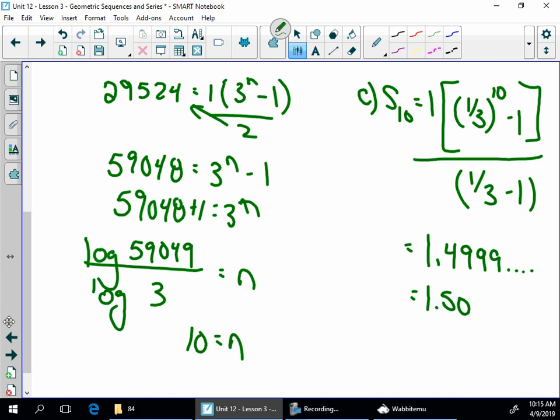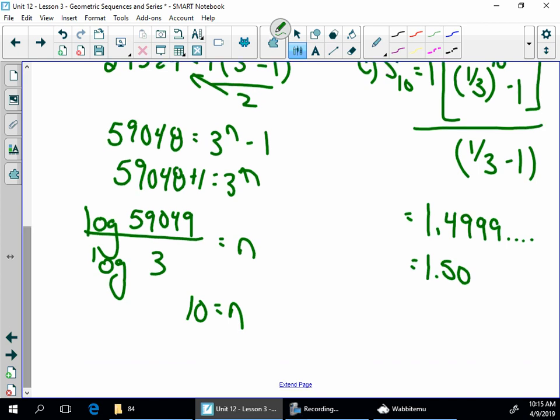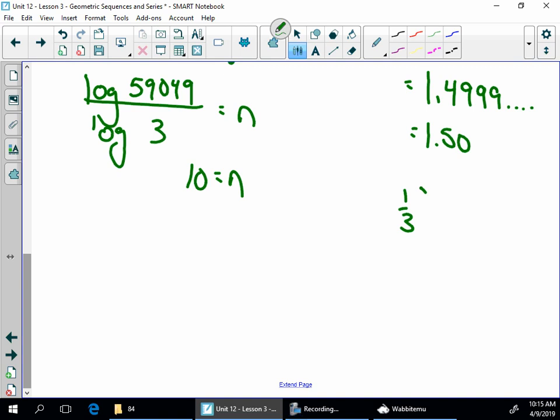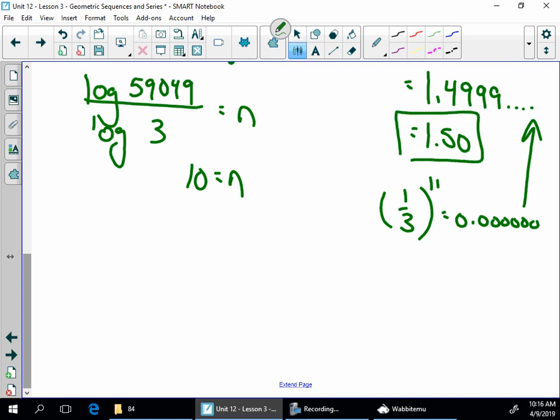And if you actually look at the next one, 1/3 to the power of 11 is so small that the value being added is always going to round off to 0. Okay, it's an explanation question. No math involved there really, just thinking about what is happening to these numbers. If I add that to this, I still get 1.50.